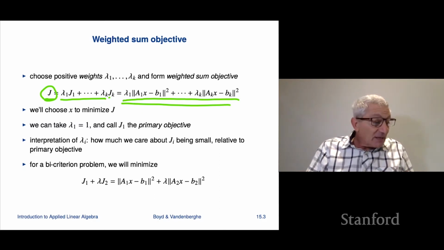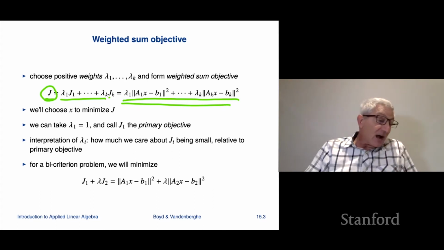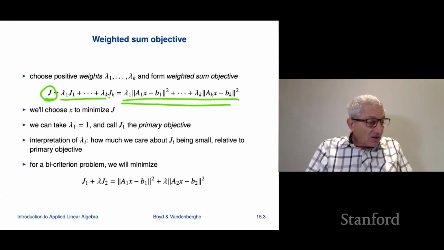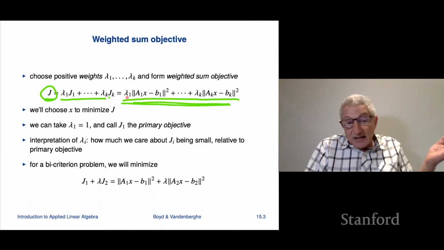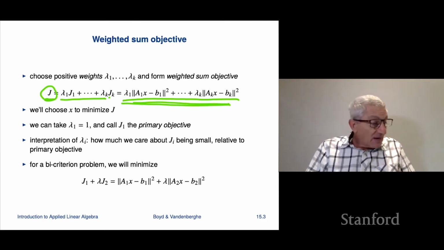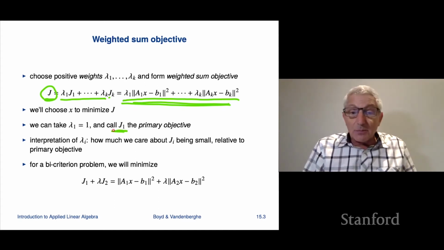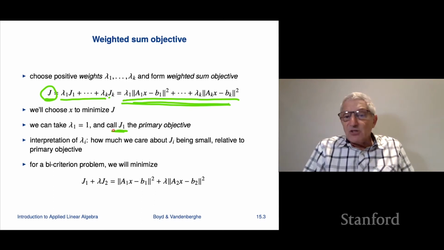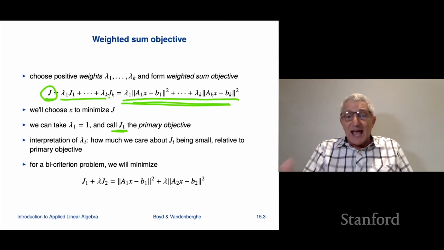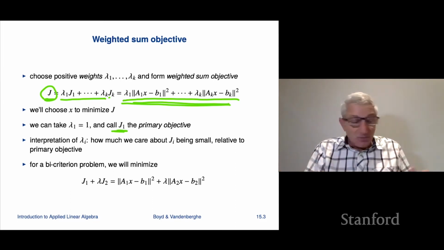So it's very common to take lambda 1 to be 1. If it's not 1, I simply divide all of my other weights by lambda 1, and I get a new set of weights where the first one is 1. In that case, people refer to J1 as the so-called primary objective. Usually that's the thing that you really care about being small, and the others are more like desiderata: if possible, please make them small.